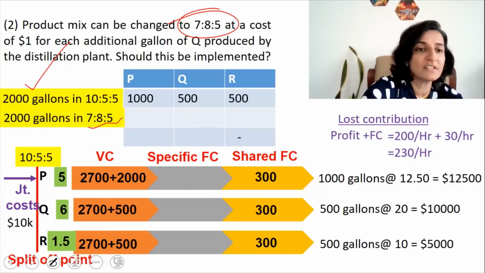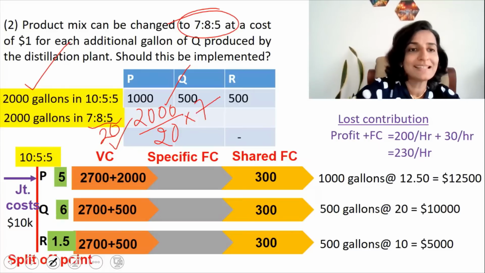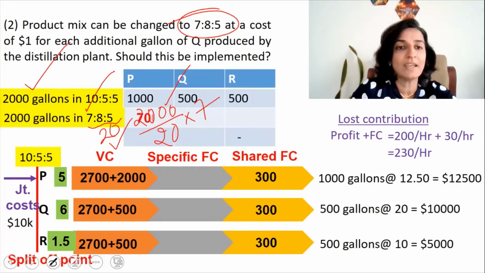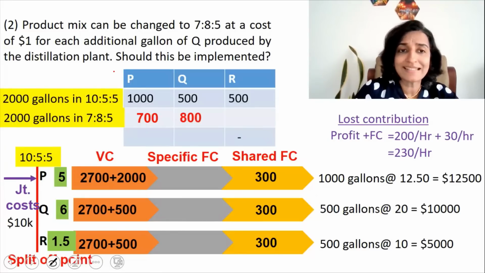So what is the total of this? The total is 20. So for P, it will be 2000 divided by 20, that's the total, multiplied by P's share of 7. So what is the quantity that you get? 700. Likewise, do for Q. So it's 800, and for R, it is 500.